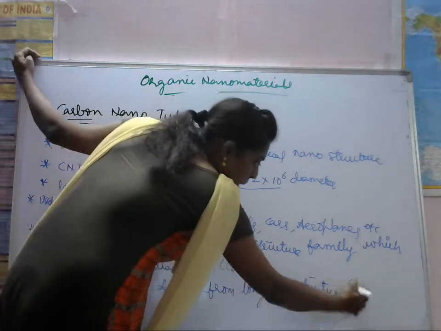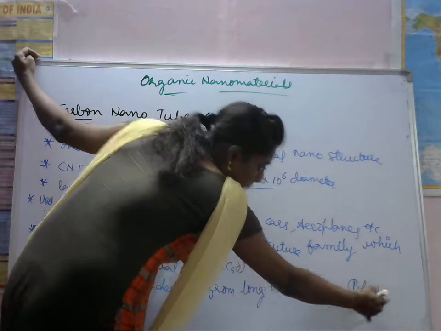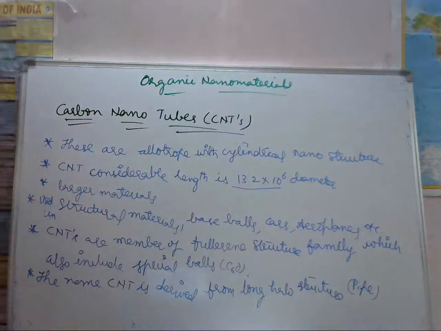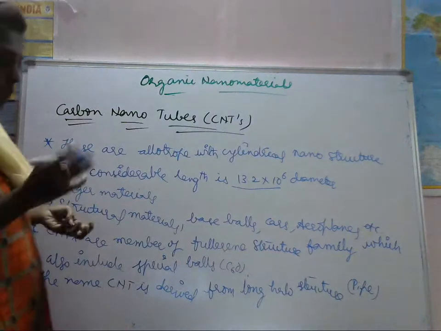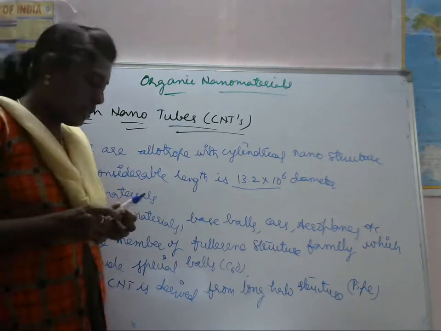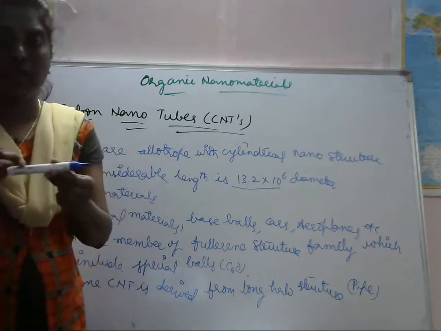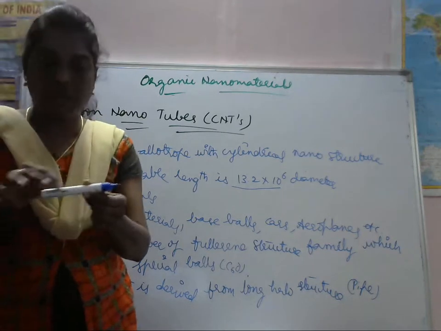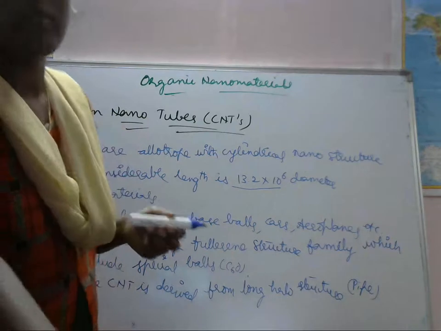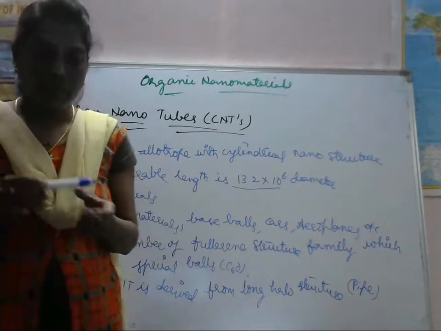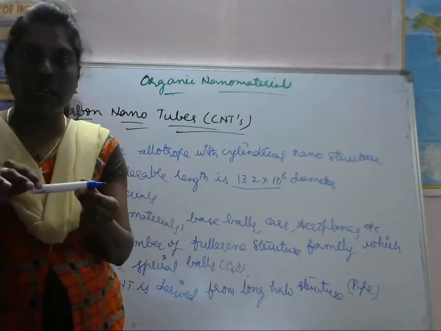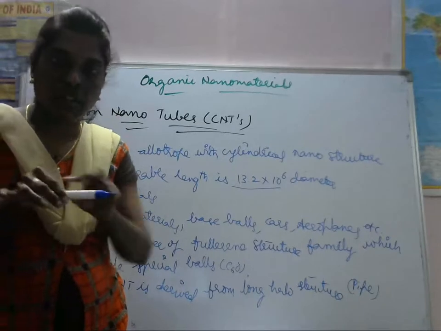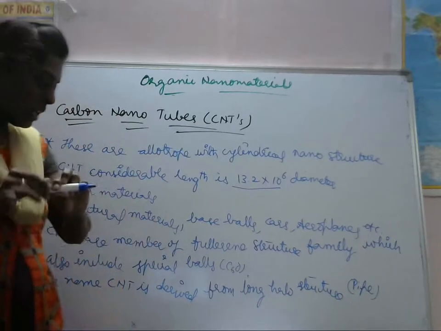Hollow means what? Pipe. It looks like a pipe with walls. If you assume this one, it is a wall pipe. This is a pipe, and here walls will be there.